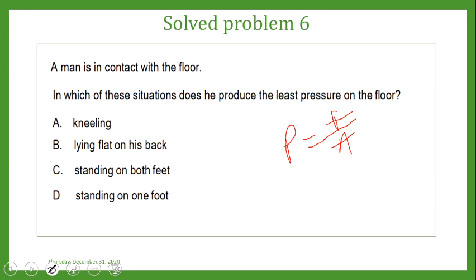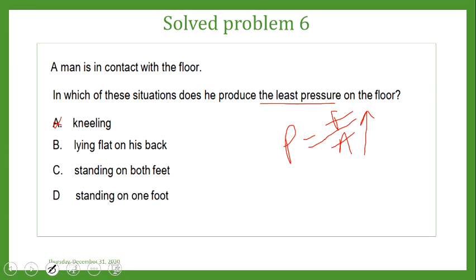Now let's look at the area. If the person is kneeling, or lying on his back, or standing on both feet, or standing on one foot, for the person to exert least pressure, automatically he must occupy maximum area, a very wide area.